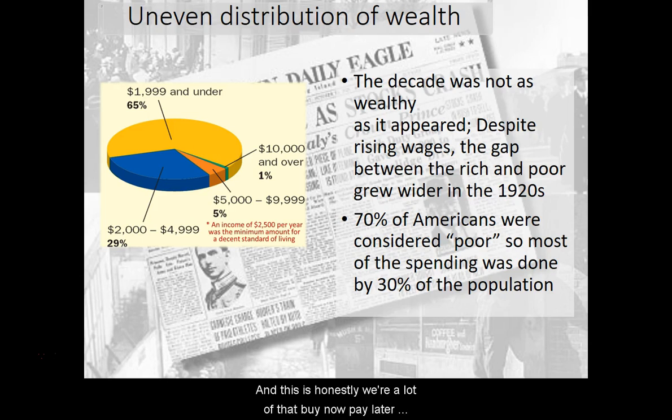And this is honestly where a lot of that buy now, pay later stuff works out, is they don't have the money to buy it outright because they barely make enough to be able to pay their bills. So this idea of credit, and I can have the really nice things, but I can pay it out as I go, becomes very appealing to the other 70% that are considered poor.